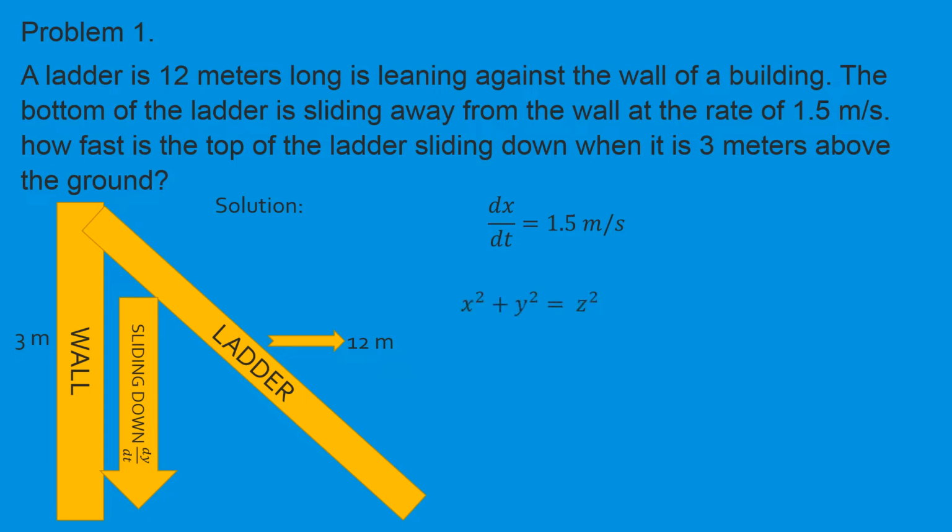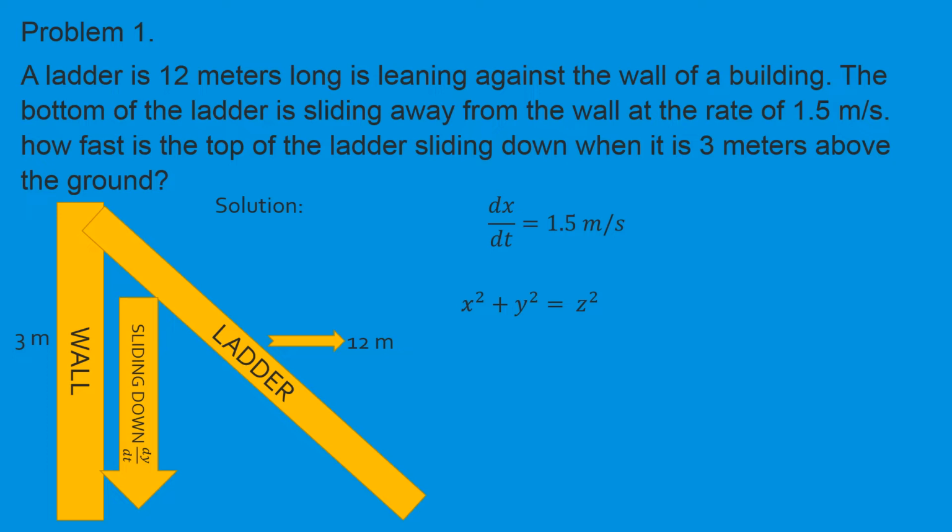Next, as we observe in this figure, we can represent it using the Pythagorean theorem. So we have x squared plus y squared is equal to z squared. It means that the square of the hypotenuse is equal to the sum of the squares of the two legs of a right triangle.